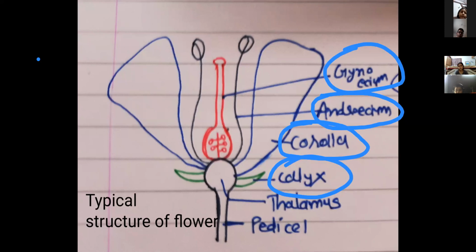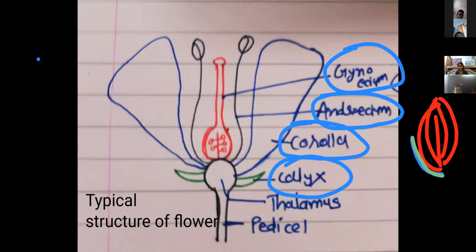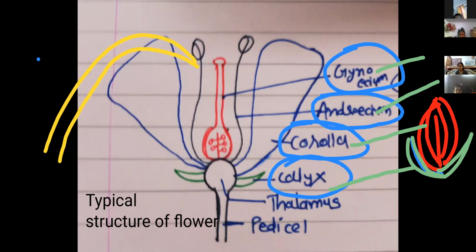See, when a flower is in a bud condition, meaning closed condition, outside, if you have observed, there are greenish colored structures, leaf-like, outside the bud. That we call calyx. Then we remove this calyx, and we can observe the corolla. Remove the corolla, then androecium and then gynoecium. In hibiscus, you must have seen a long stalk-like structure coming from the flower, and on that, this type of structures are present.